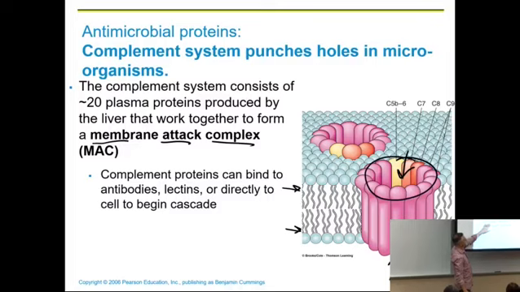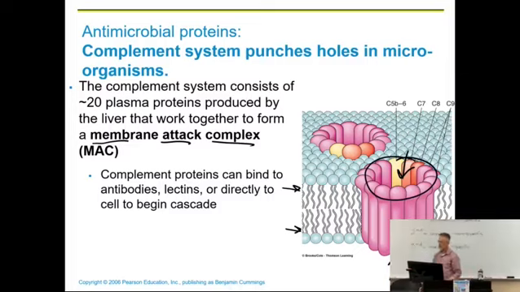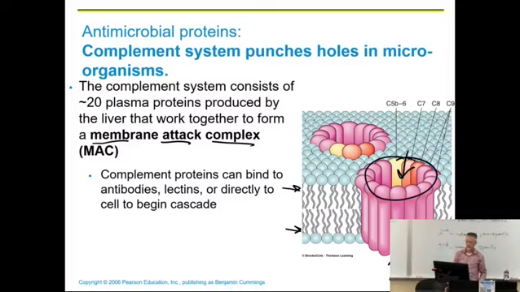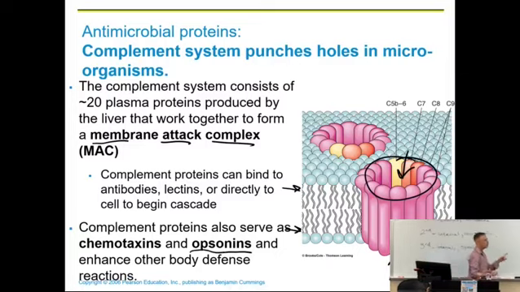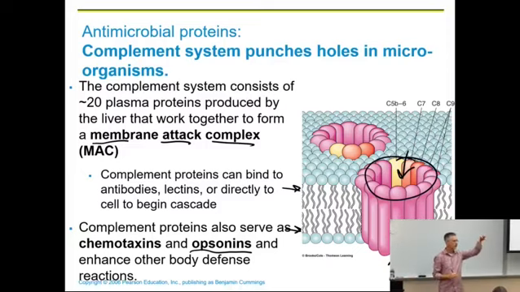Complement proteins also can help to bind antibodies, helping them to stick. And it can help to create this immune response in various ways, just kind of awaken the immune system to something that is infectious like that. So like we mentioned, they can serve as chemotaxins to bring in other things like phagocytes. The opsonins that we were talking about, that word is where I was mentioning how it makes it easier for the phagocytes to grab onto that infectious agent.